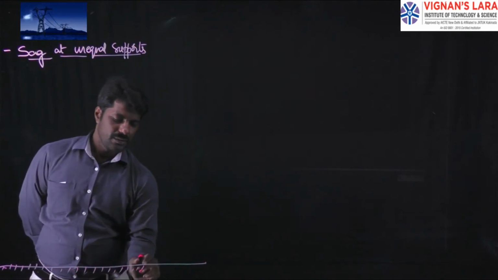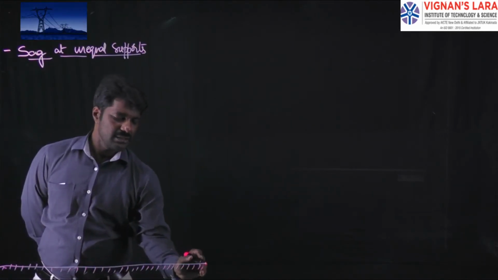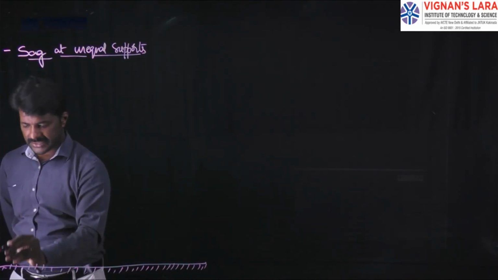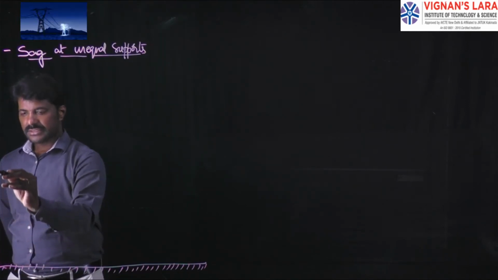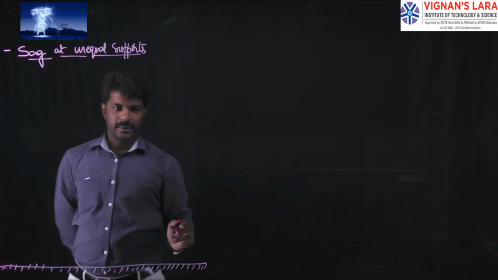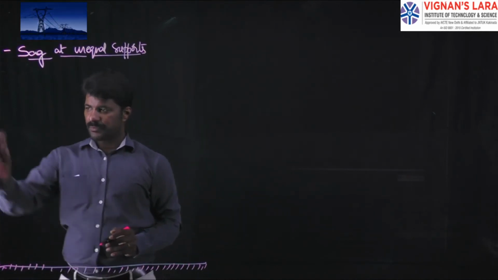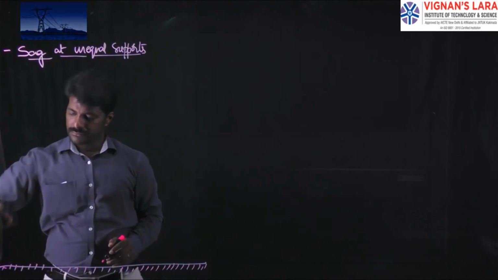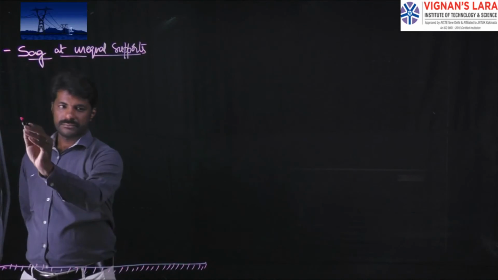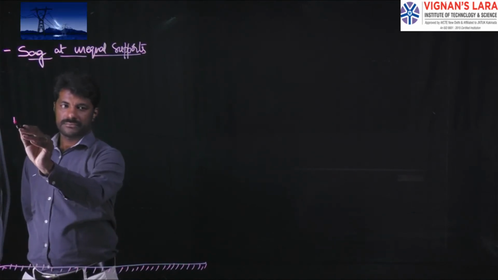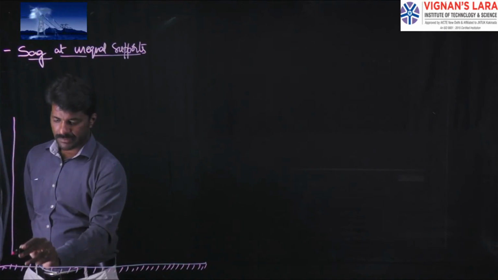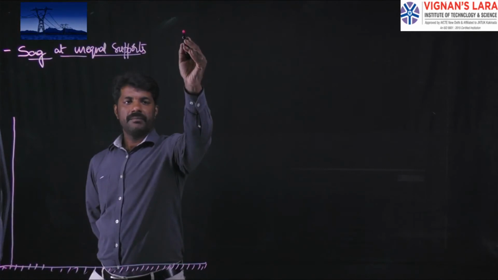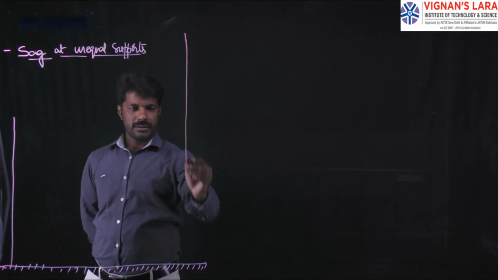Due to the river crossing, as they are of unequal heights, we can consider that this is the support A. Let me call this the lowest support, and this is support B, assumed to be the tallest support.